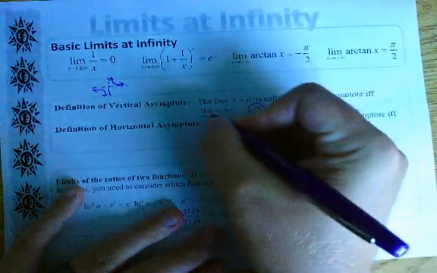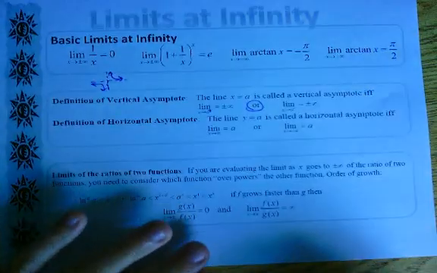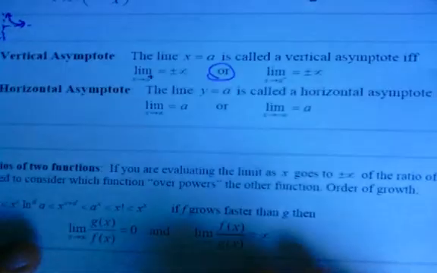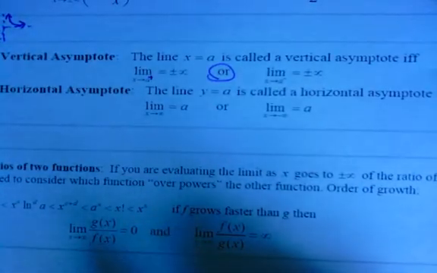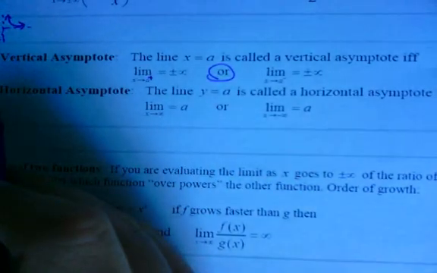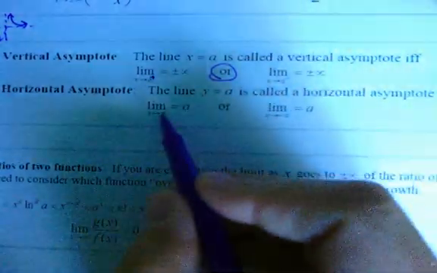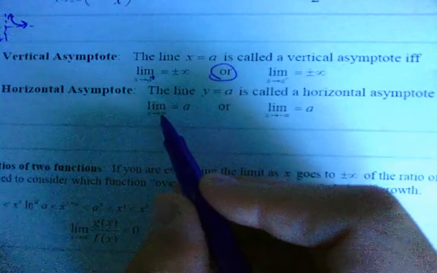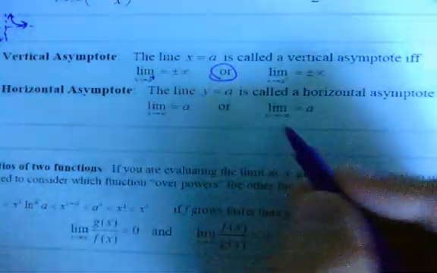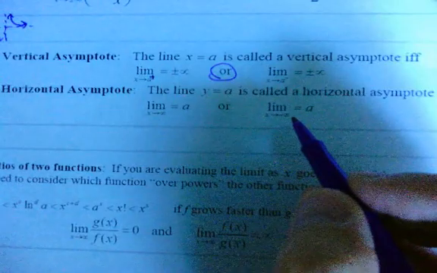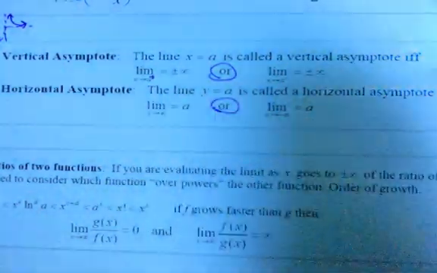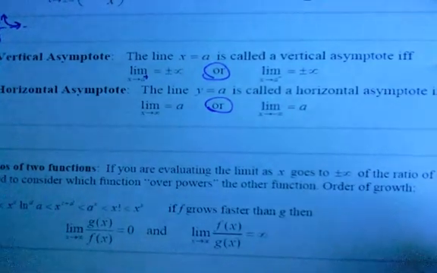This is actually supposed to be a plus sign on your notes. For a horizontal asymptote, it's the line y equals a if one of these things happens. If the end behavior is at that value, whether right or left, just one of those two needs to happen.